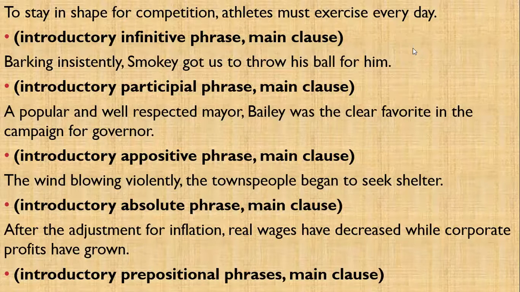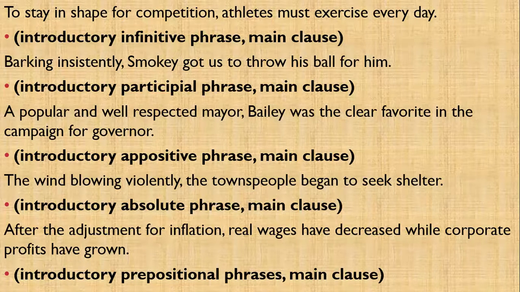For the next one, a popular and well-respected mayor, Bailey was the clear favorite in the campaign for governor. Which one is the appositive phrase? A popular and well-respected mayor. That is the appositive phrase.